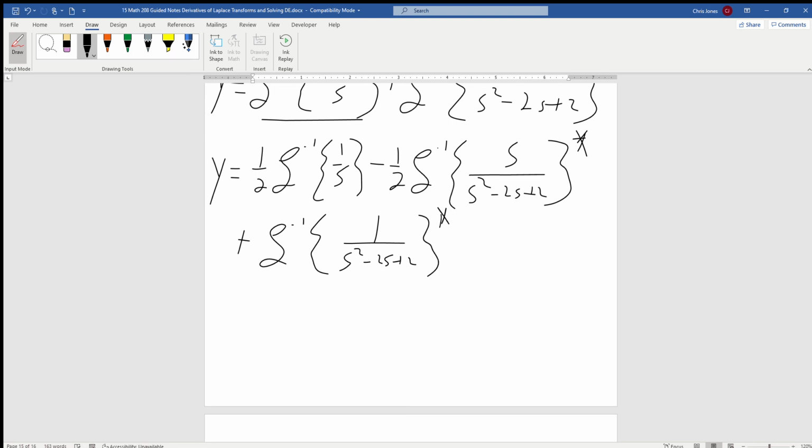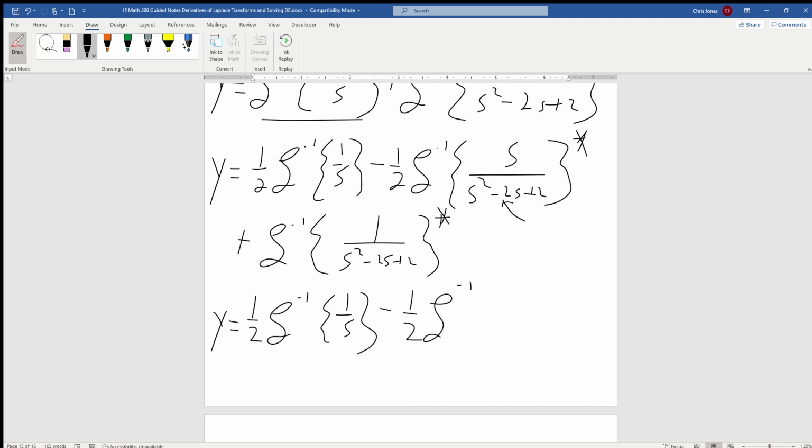these guys are a little bit tricky. All right, so we're going to have y equals, we still have that 1/2 inverse Laplace of 1 over s minus 1/2 inverse Laplace. We could try to complete the square as we did before, and I think that's probably going to be the way we should remember how to do that.